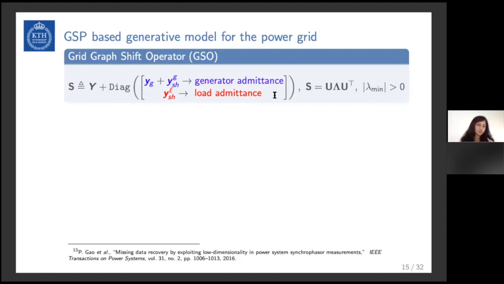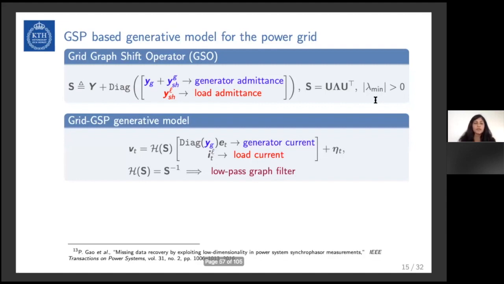This graph shift operator has a certain eigenvalue decomposition, and it is most commonly seen that this is invertible. Therefore our grid GSP generative model is very simply that the voltage graph signal is the output of a graph filter, described using this graph shift operator S, with the input being the current. So the input is just generator current and load current.